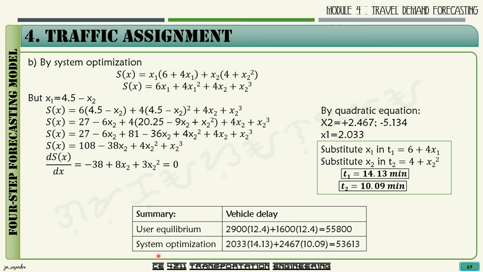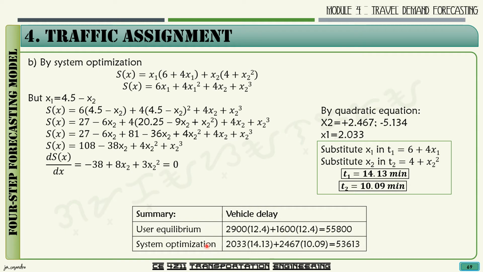By summary, in user equilibrium, the vehicle delay will be x1 times t1 plus x2 times t2, which is 55,800. For system optimization, that will be 2033 times t1 plus x2 times t2, which is 53,613.